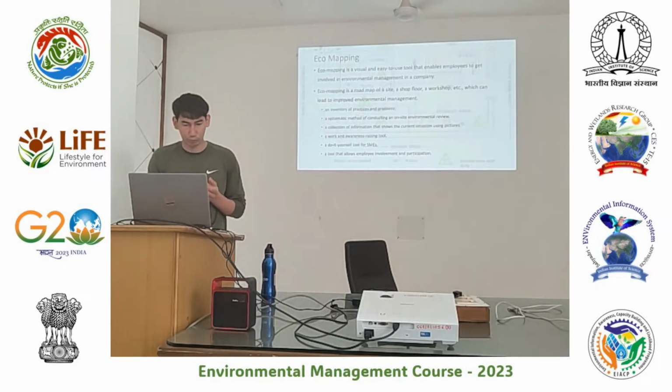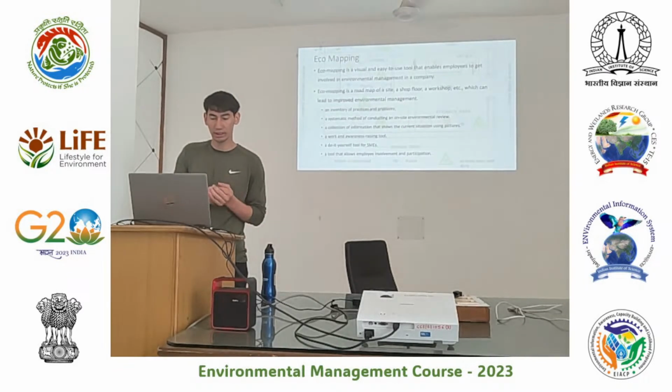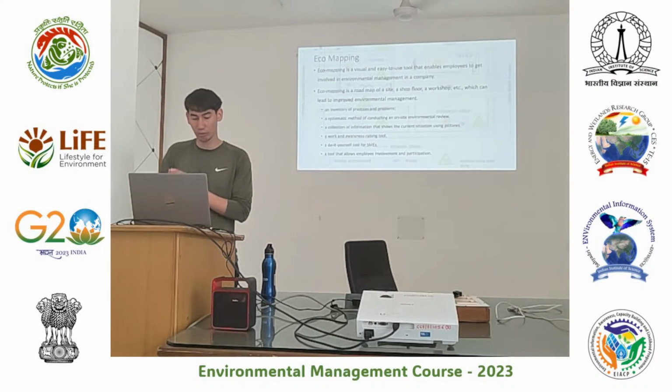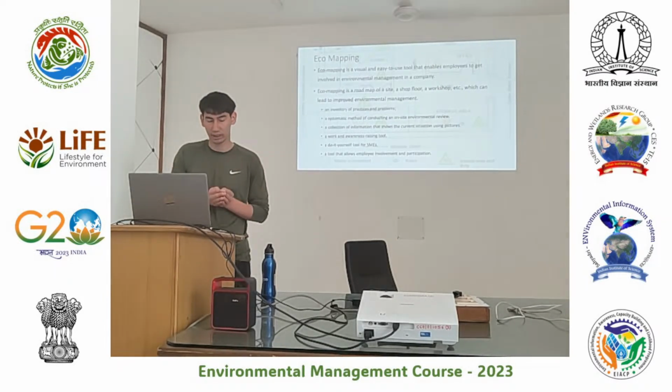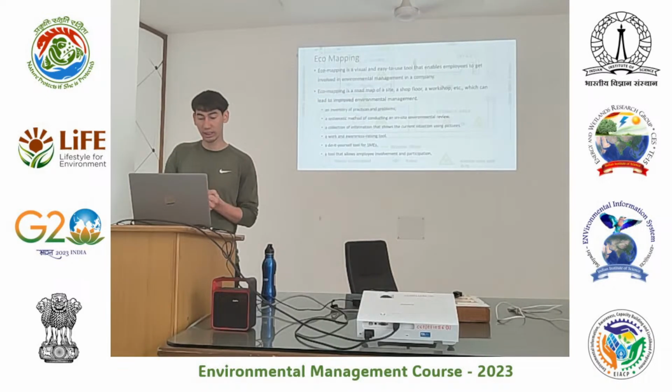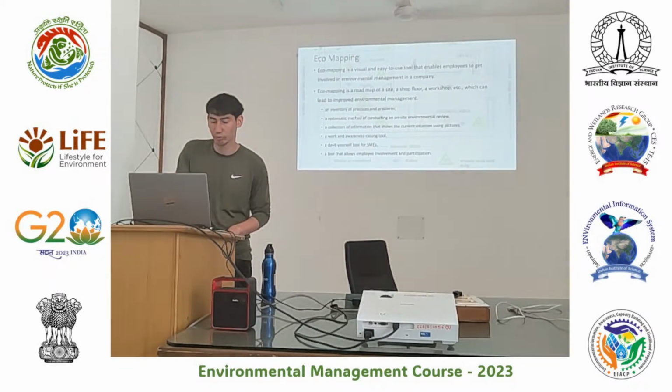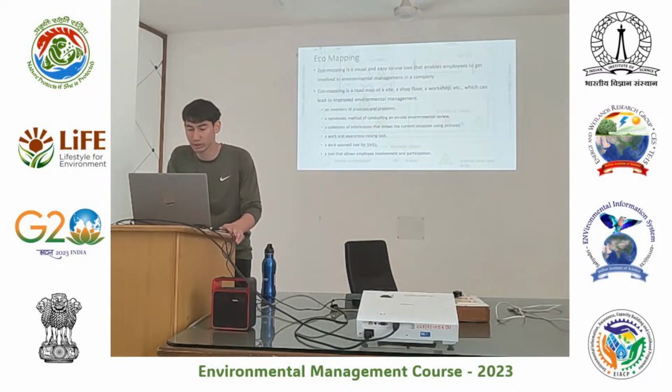These are some uses: a definition and inventory of practices and problems; a systematic method of conducting an on-site environmental review; a collection of information that shows the current situation, building pictures and awareness raising; a do-it-yourself tool for SMEs; a tool that allows employee involvement and participation.